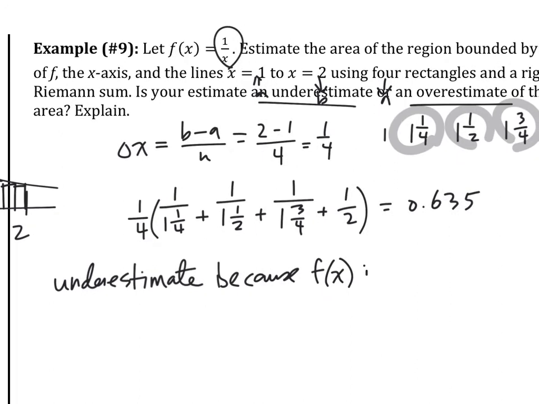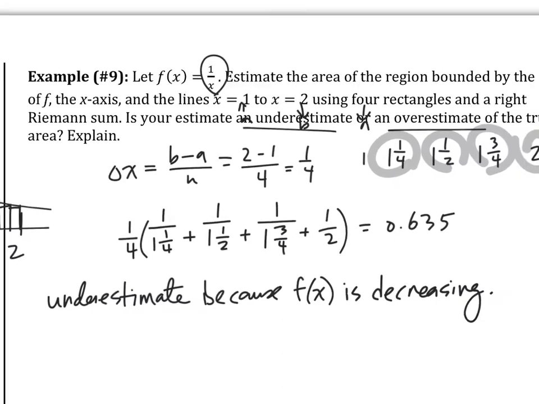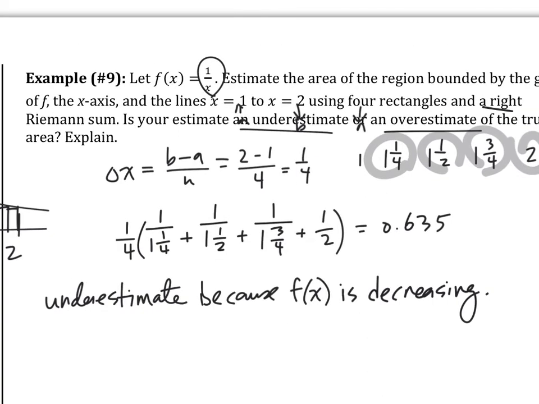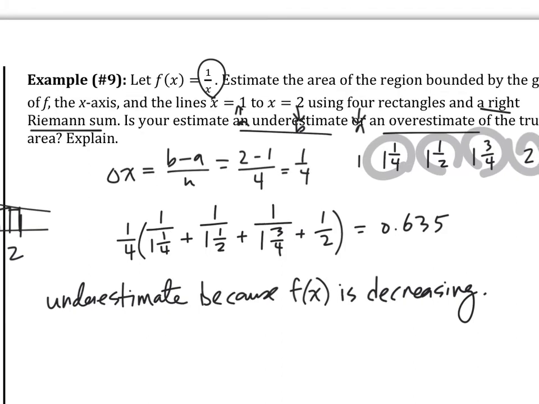Because f of x is decreasing. So this is how you're going to explain whether it's overestimate or underestimate, based on whether your graph is increasing or decreasing with the method that you're using. Do we have to say that we were using right Riemann sum? No, because that's in the problem already. Yeah. All right, let's try another one.